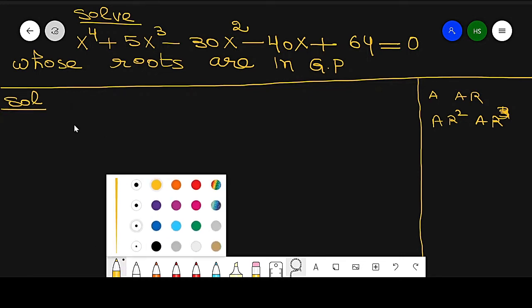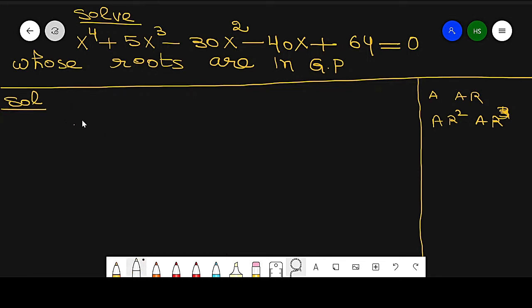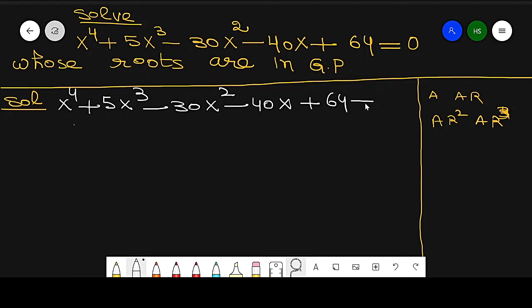So the given equation is x to the power 4 plus 5x cube minus 30x square minus 40x plus 64, which is equal to 0.